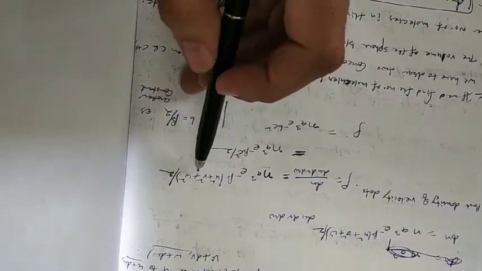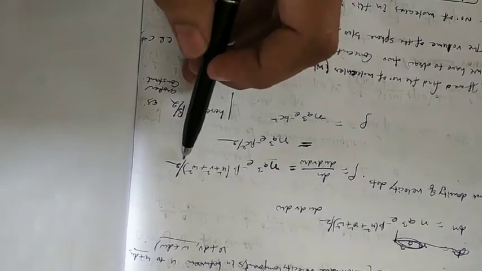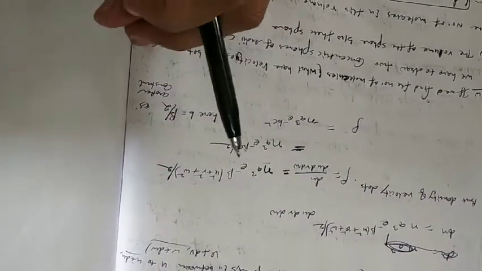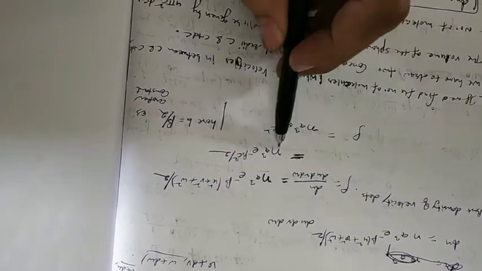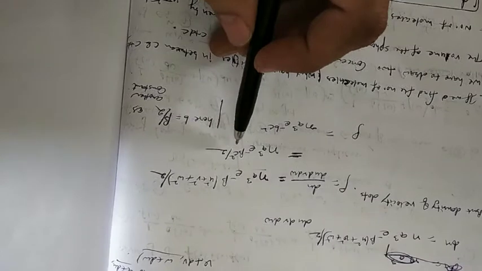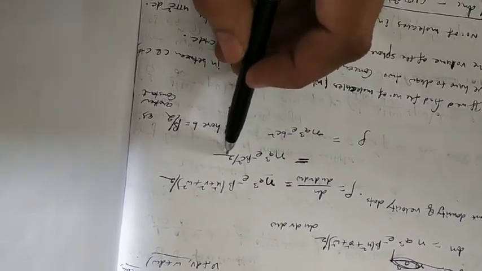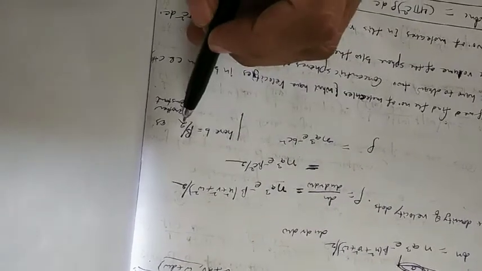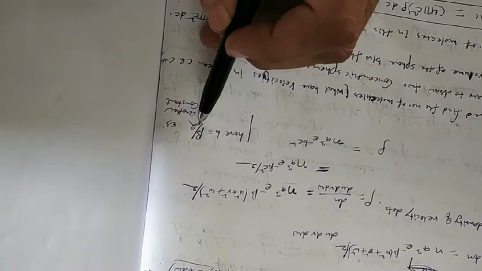Since u squared plus v squared plus w squared is c squared, as we saw in equation 1, finally this can be written like this. Here we note that beta upon 2 is a constant quantity, so we can replace it by another constant b.